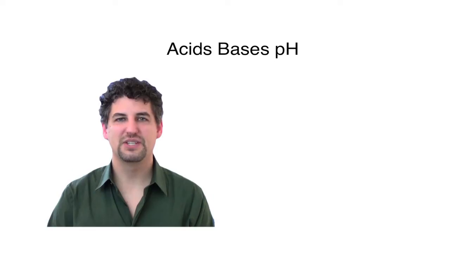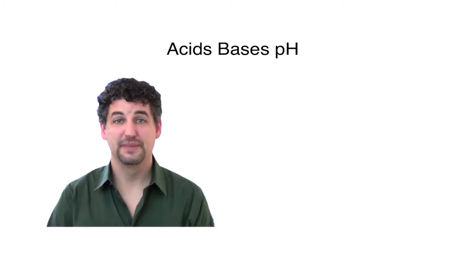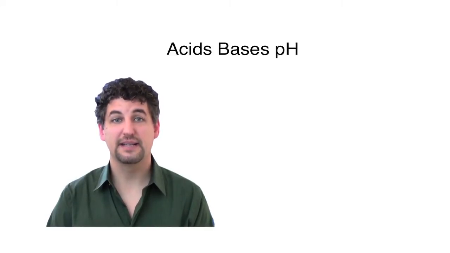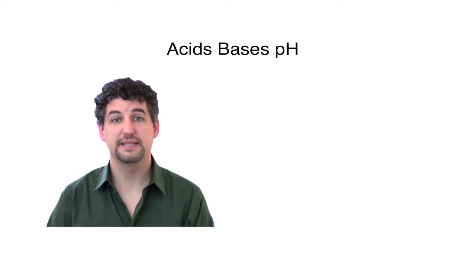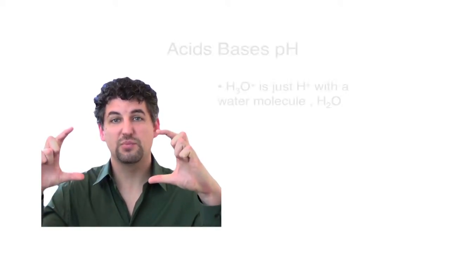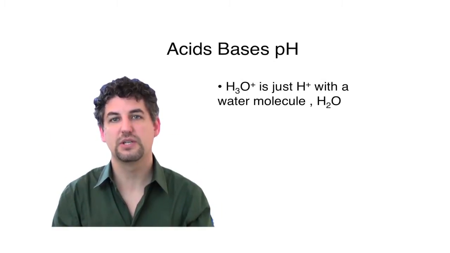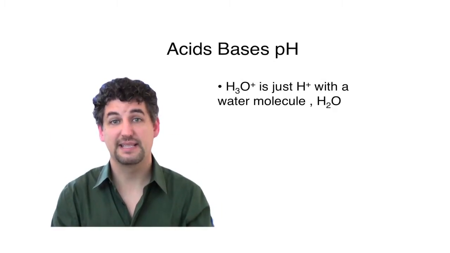Okay, you just got done watching an acid-base pH problem, and in this video you saw how to calculate pH from the hydrogen ion concentration. Keep in mind that if the information is given to you as the concentration of H3O+, you'll see square brackets around it. The square brackets actually stand for concentration.